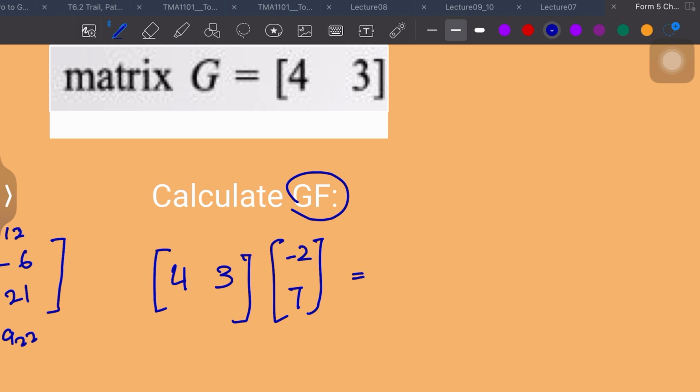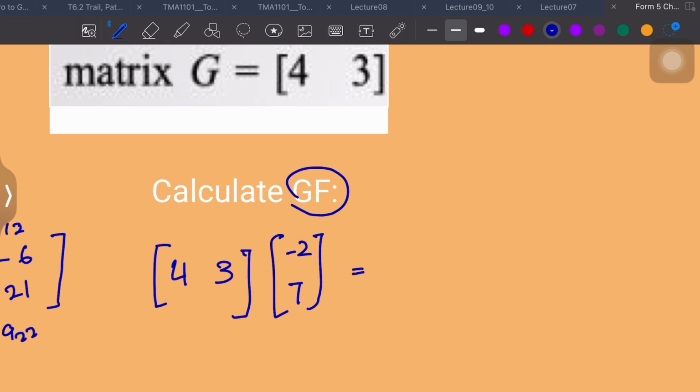So for this one, there's only the first column, but there are two rows.